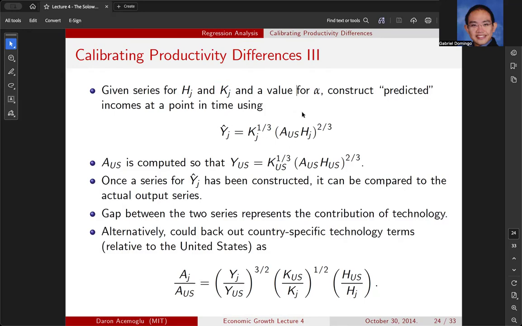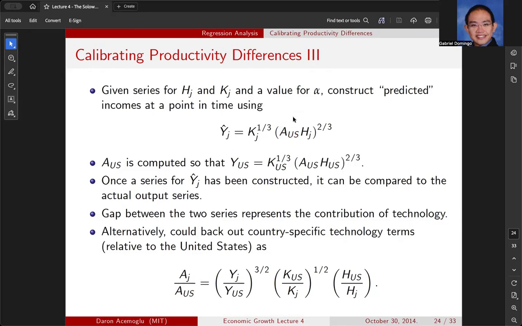using this equation here. So notice what's interesting about this equation. Y hat, which is the predicted GDP of country J, is going to be a function of country J's capital, country J's schooling-adjusted number of workers. But notice that it's multiplied by AUS, or the technology level of the United States.